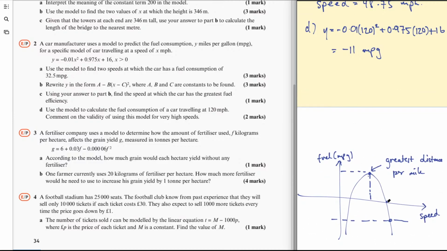So at some point this model obviously becomes unusable or invalid because it goes into the negatives. So we could say this model is invalid for high speeds. Okay.